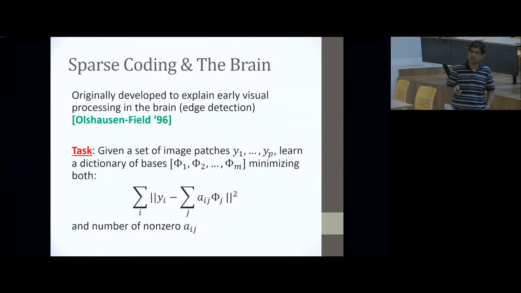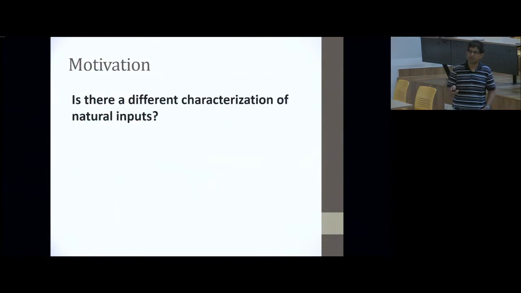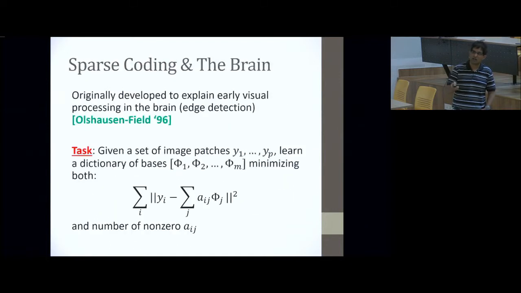You want each yi to be close to phi a_i, where phi is the matrix and a_i is the vector. And you also want to minimize the total number of non-zero entries in these vectors.